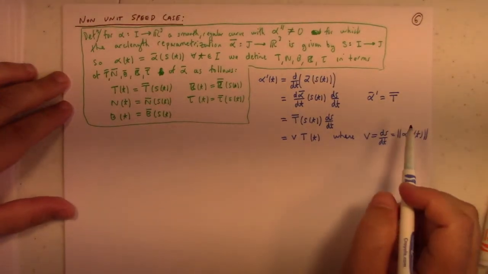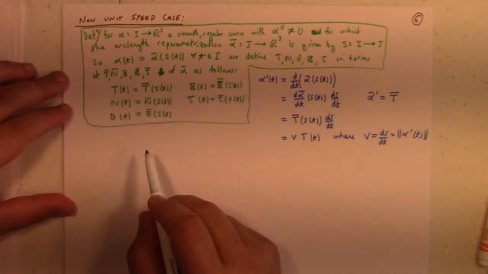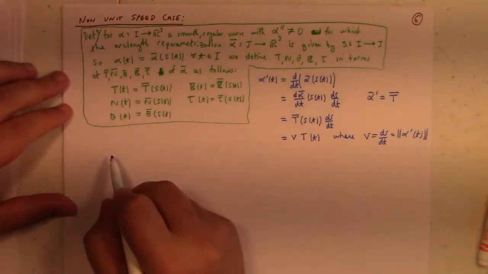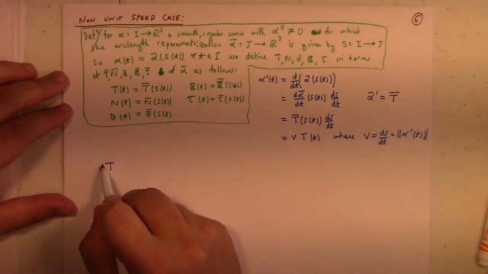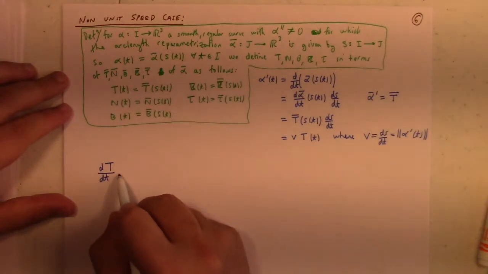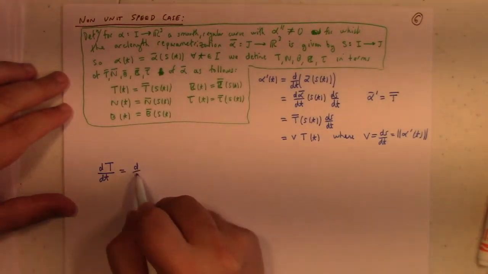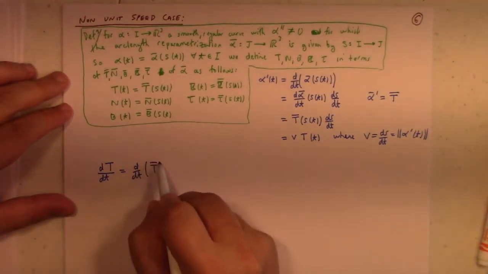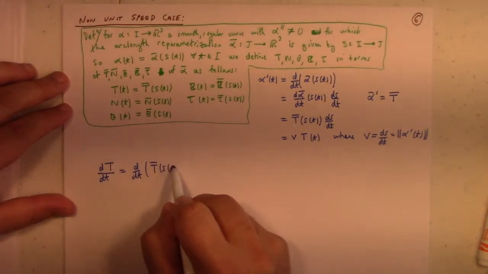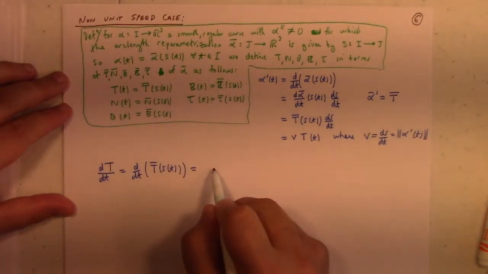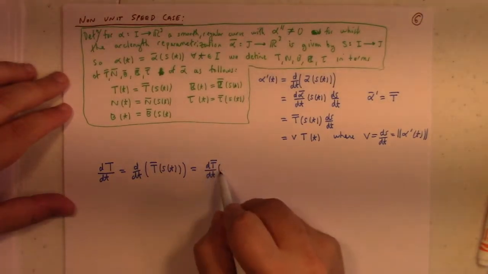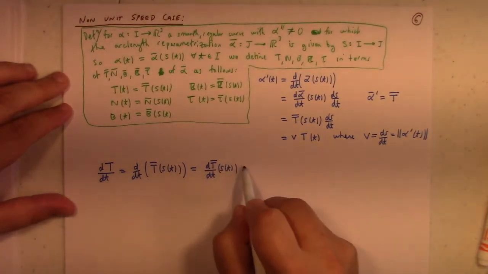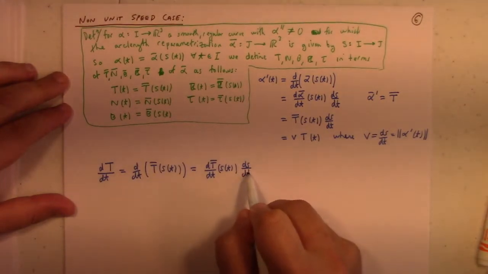That makes sense. Now, we can do essentially the same calculation to calculate T prime, and by T prime I mean dT/dt. That is d/dt of T bar of s of t. By the chain rule, that is dT bar/ds evaluated at s of t times ds/dt, which is the speed.